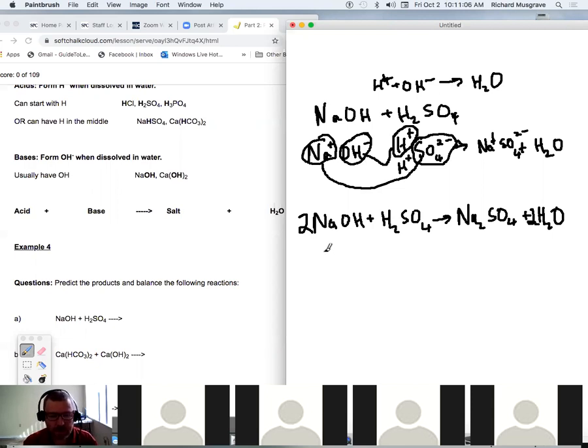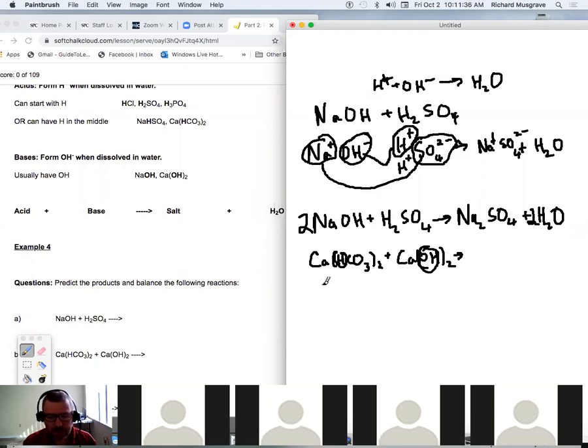Okay. Well, how do we handle one now where the H is kind of in the middle of the compound? So this is the acid because it's got the H in the middle here, and we know this is the base because it's got the OH here.